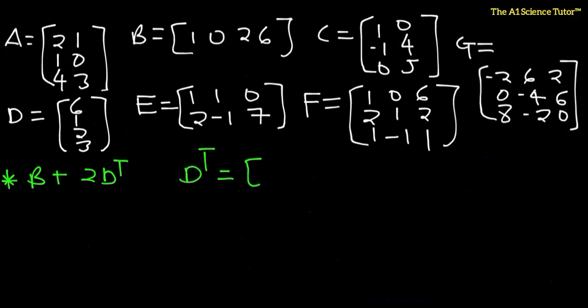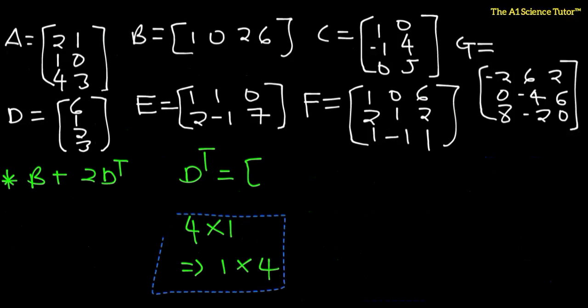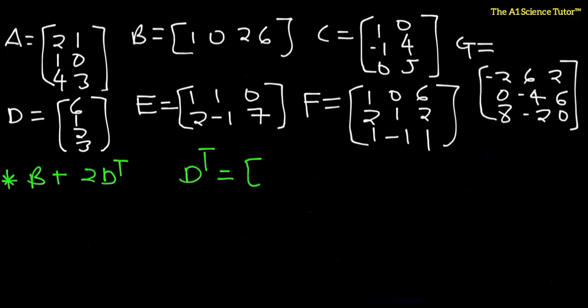If you have a matrix given, the transpose will be the switching of the numbers within the form. So if you have a 4 by 1 and we want to transpose such a matrix, the transpose will change to a 1 by 4. So just bear that at the back. Now this is going to be 6, 1, 2, and 3. Now that is what you have.